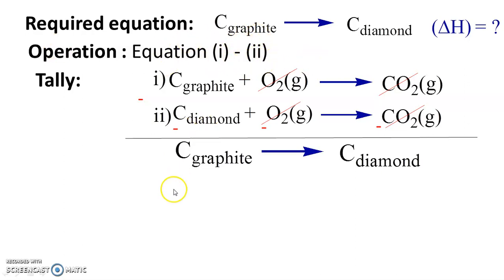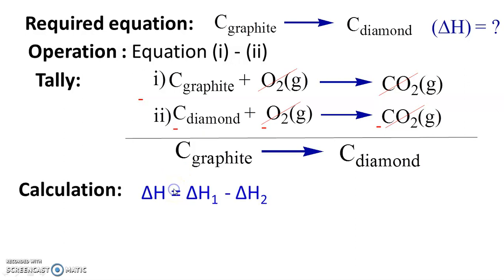So from this operation write the formula, that is the part of calculation. So formula is delta H for this reaction, it is equal to delta H1, this is for equation number 1, minus delta H2, this is for equation number 2. So in operation equation 1 minus equation 2 is there, and therefore in formula delta H1 minus delta H2.